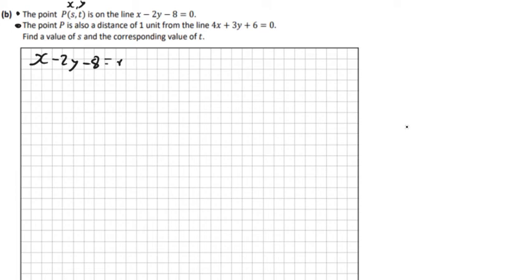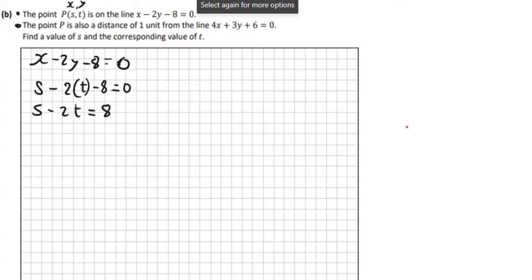If I sub s in for x, I get s minus 2 times t, minus 8 is equal to 0. So s minus 2t is equal to 8, I'm just moving over the 8 to the other side. So it's going to be simultaneous equations, I'm pretty sure. So that's going to be one equation.